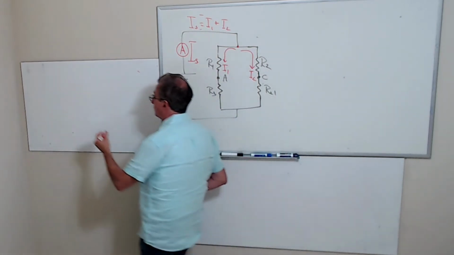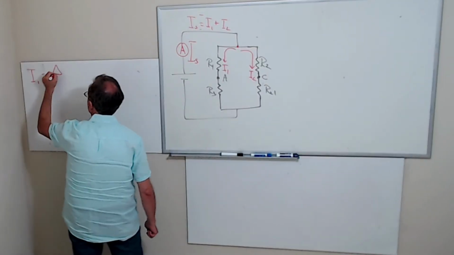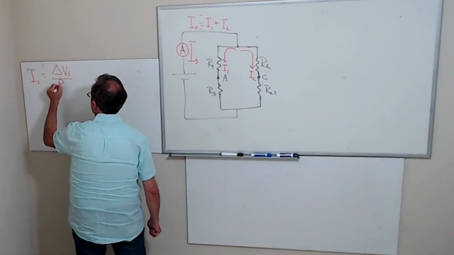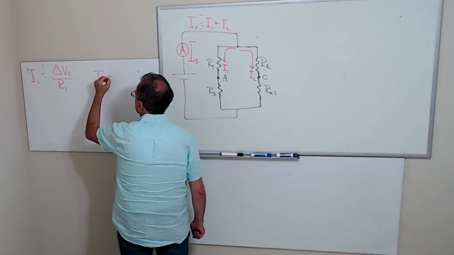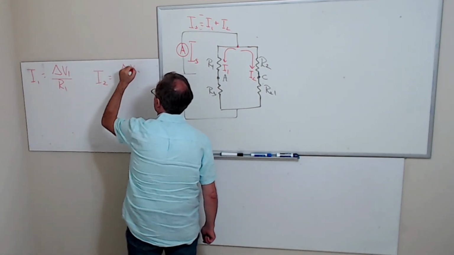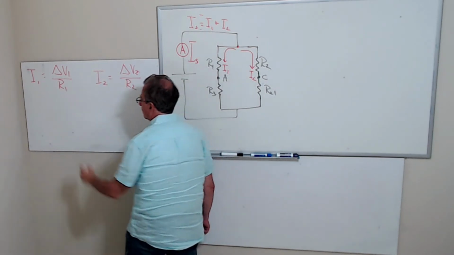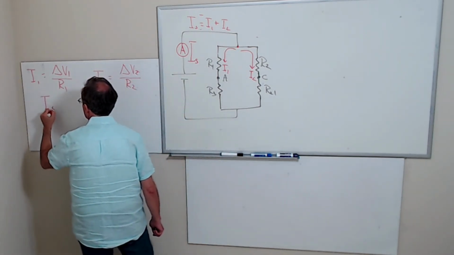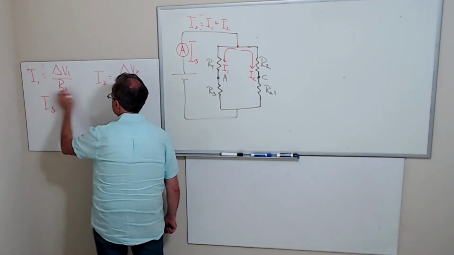So I1 is going to be delta V1 over R1. I2 is delta V2 over R2. And so I sub S is the sum of these two.